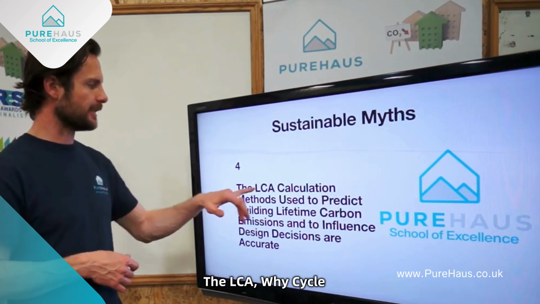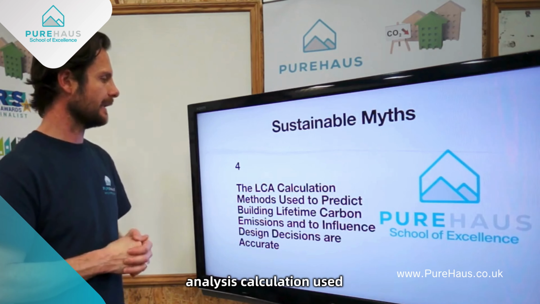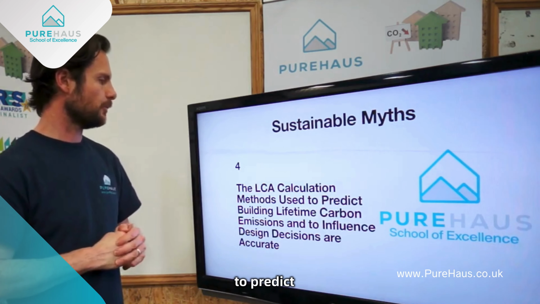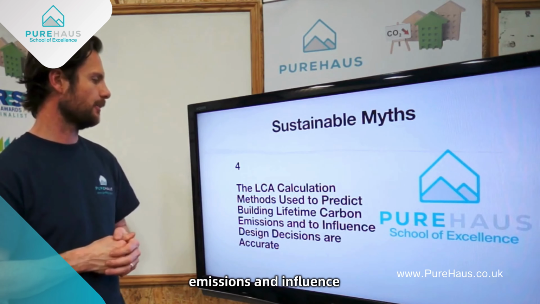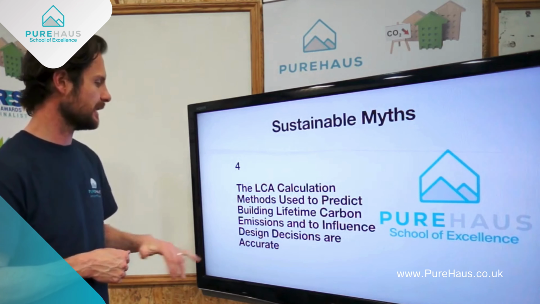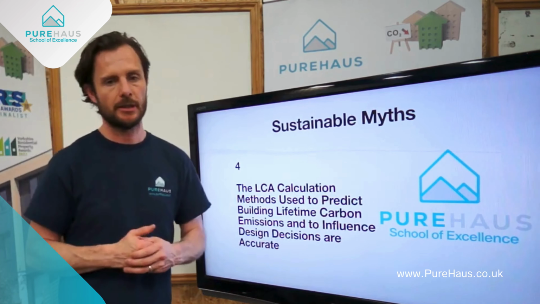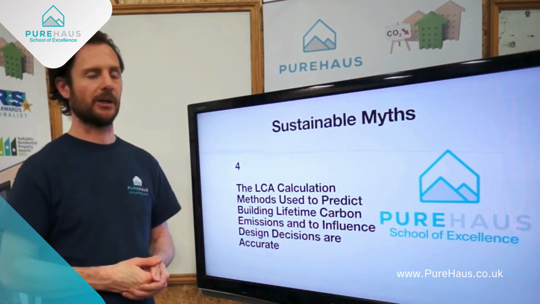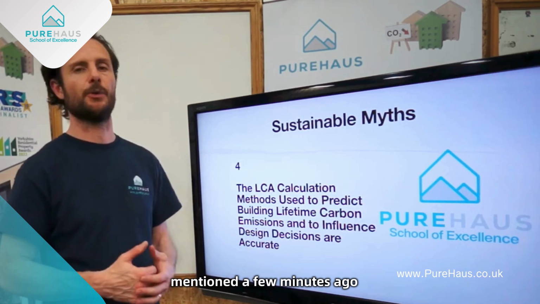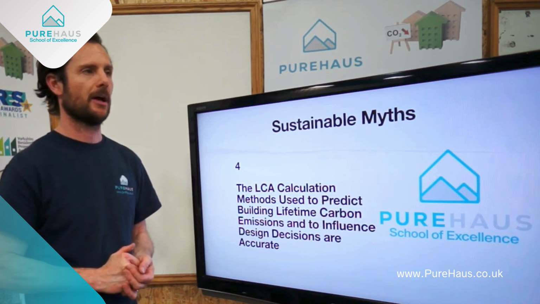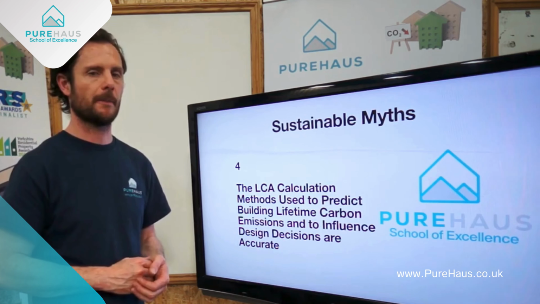The LCA, Lifecycle Analysis calculation used to predict buildings' lifetime carbon emissions and influence design decisions, is accurate. Not entirely true, because EPDs, which I just mentioned a few minutes ago with solar panels, aren't all that readily available.